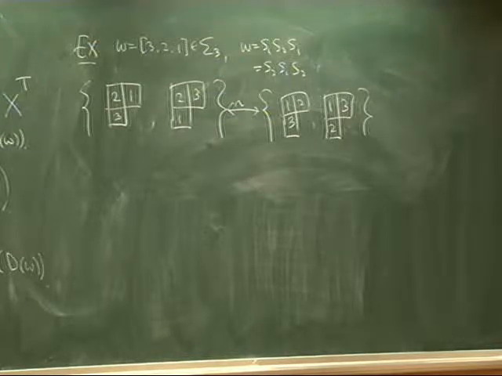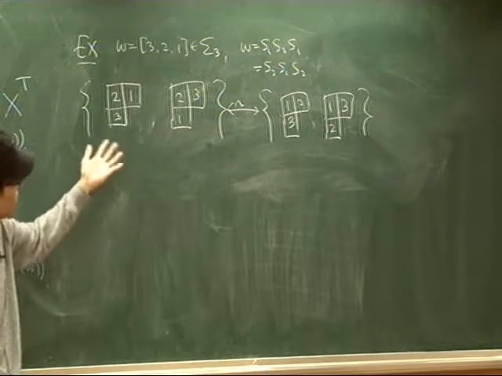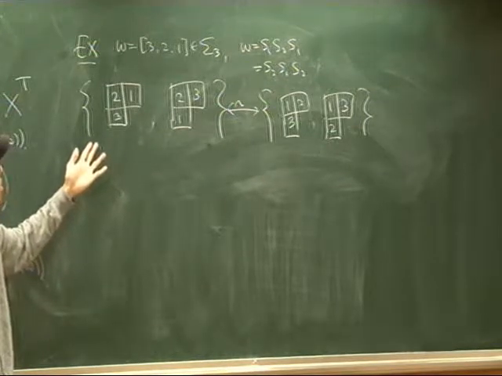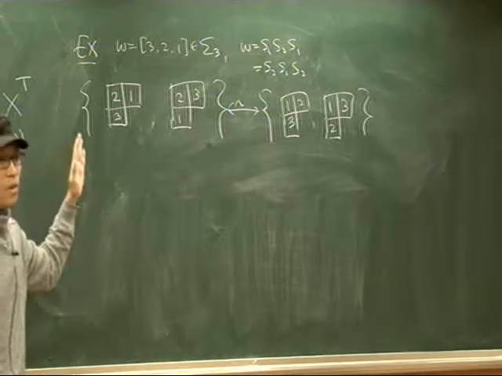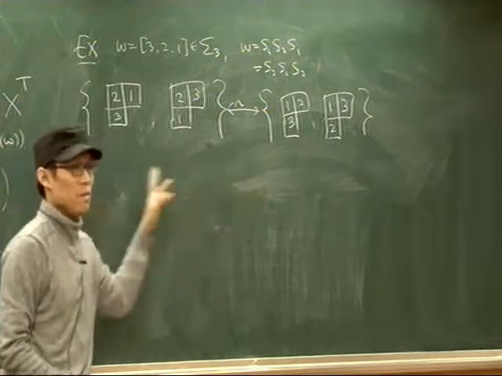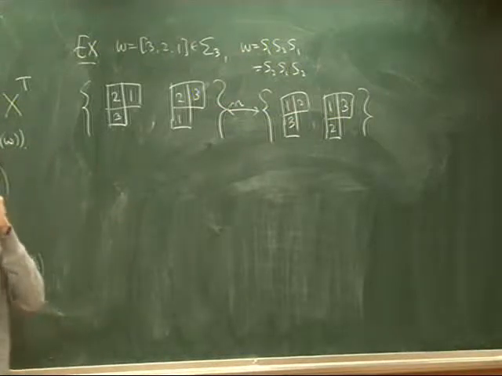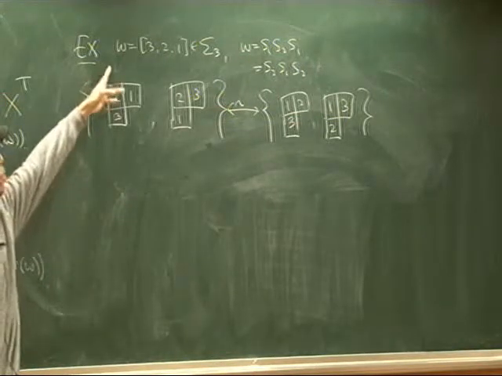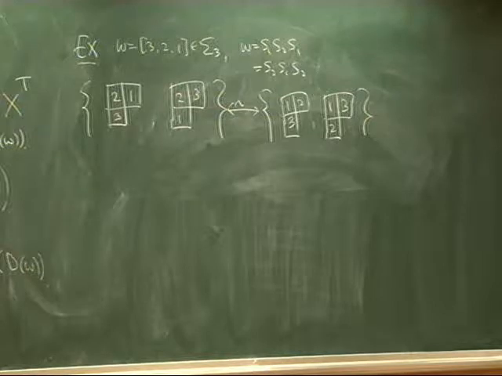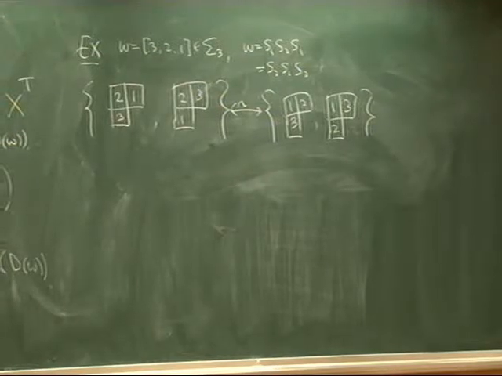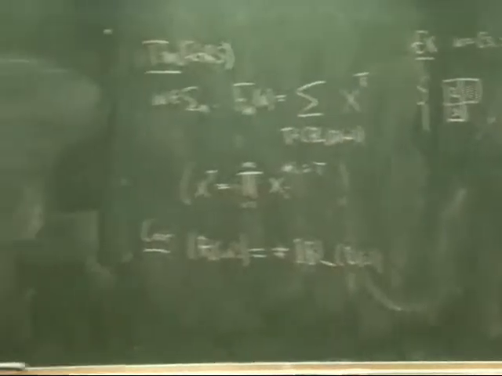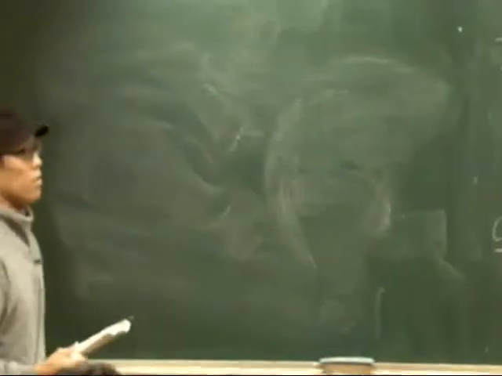In this case, it feels like it's going to be easy to find the bijection between this Young tableau and balanced labeling. But for general permutation W, it's not known. The bijection hasn't been found. For partition shape, yes, it's known.